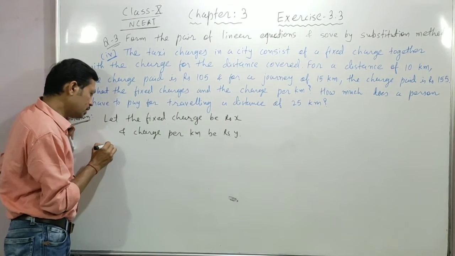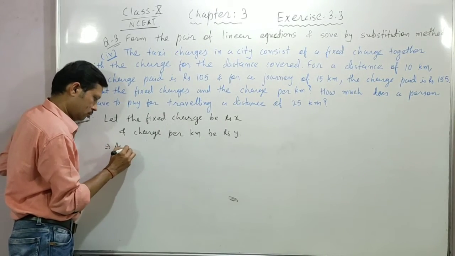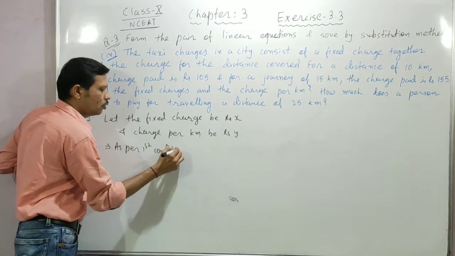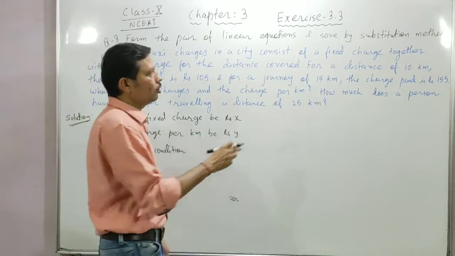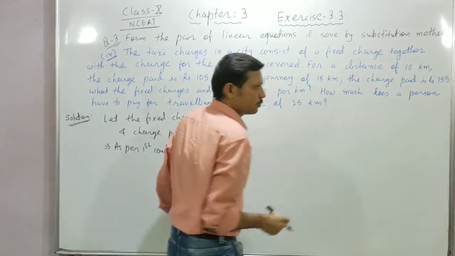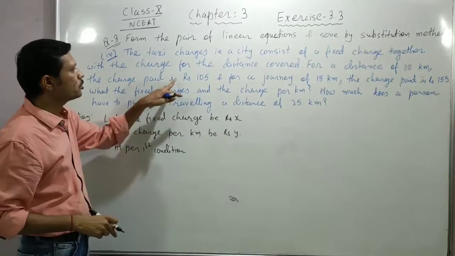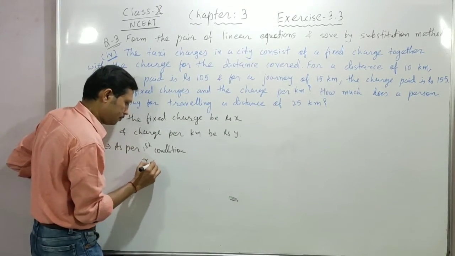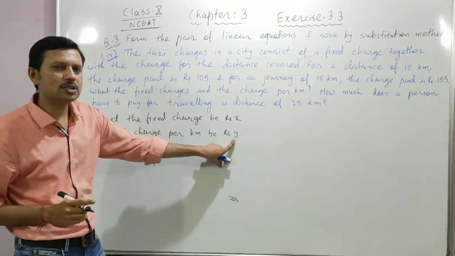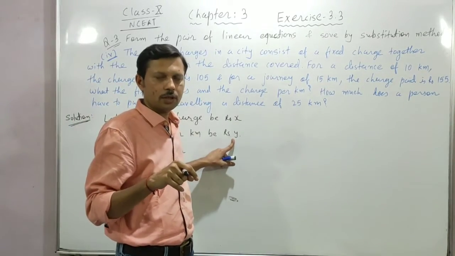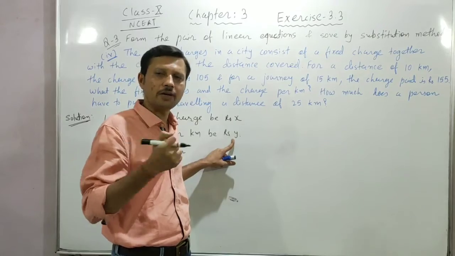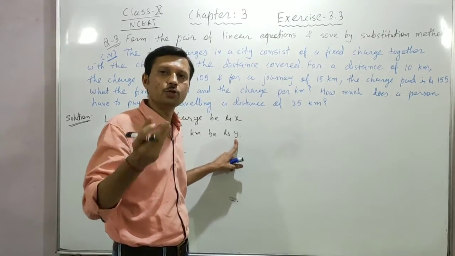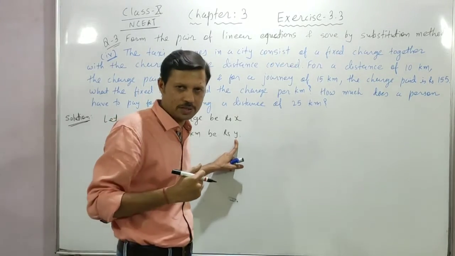Now, as per the first condition, for a distance of 10 km, the total charge paid will be 105. So the fixed charge is x. Now y rupees is the charge per kilometer. For every 1 km you have to pay y rupees. So for 1 km, 1y; for 2 km, 2y; for 3 km, 3y rupees.